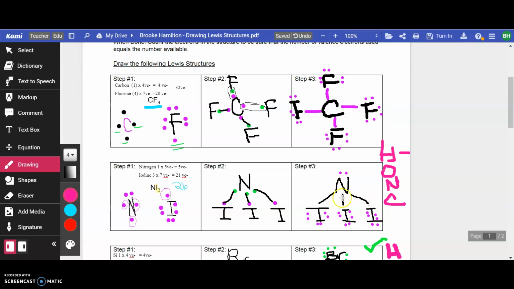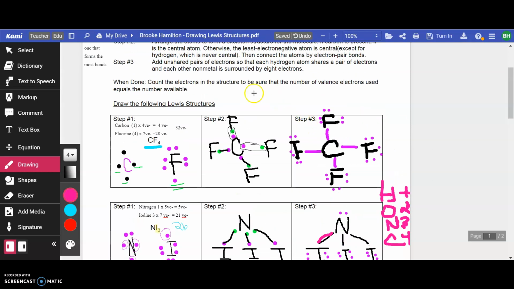The nitrogen will have 3 bonds because it goes 1, 2, 3, and 4 based on the HONC rule. That's the number of bonds. Hydrogen and halogens will always have 1 bond, so they can only have a single bond here. Oxygen will always have 2. They can be single or double.